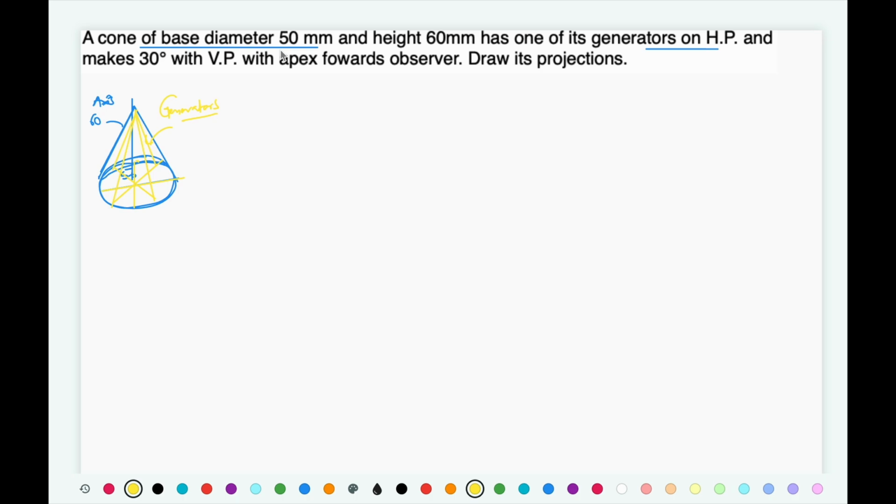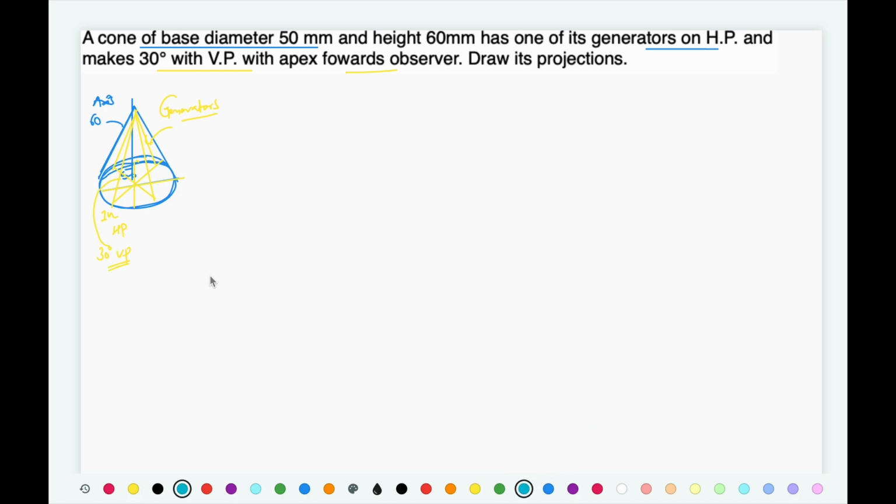Okay, so it is resting on one such generator in HP, and that same generator is 30 degree inclined to VP also, with apex towards the observer. Draw its projections.